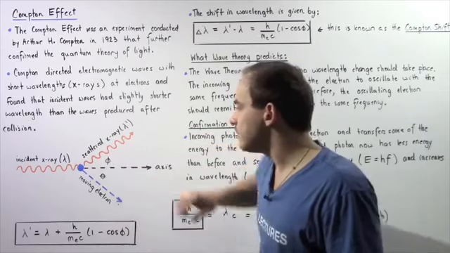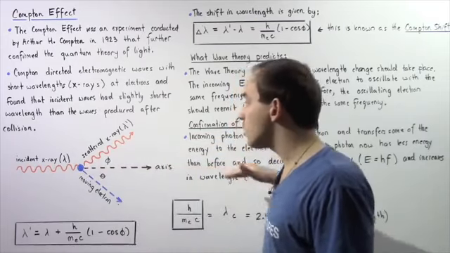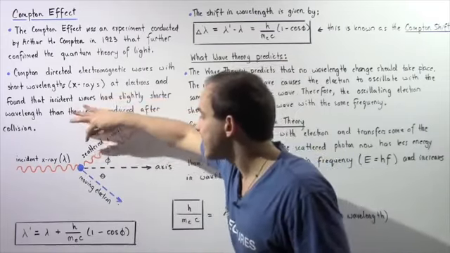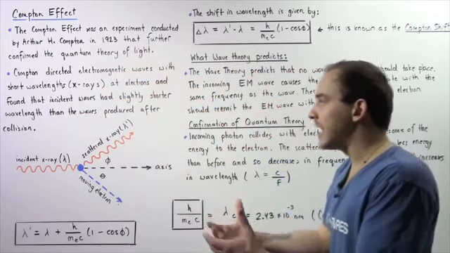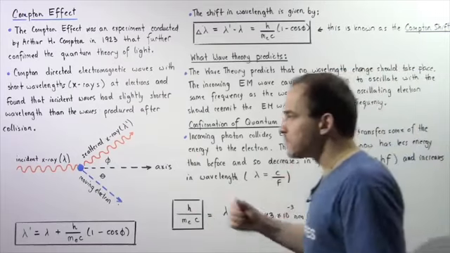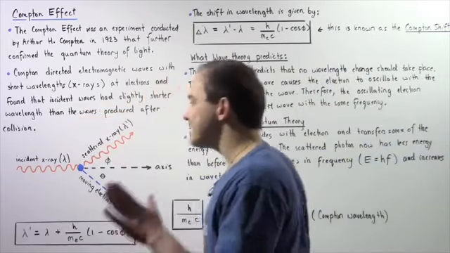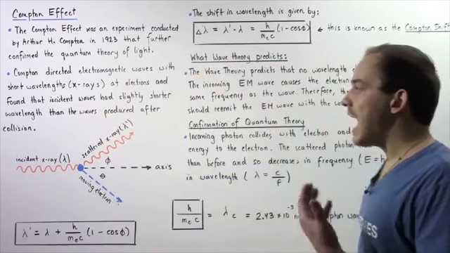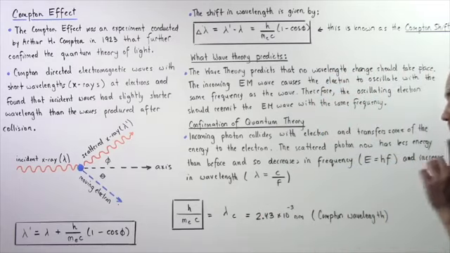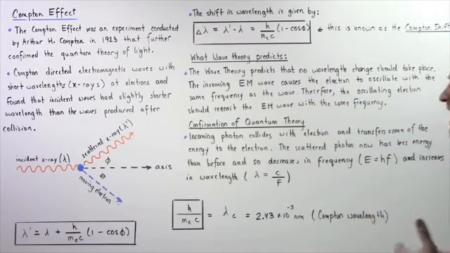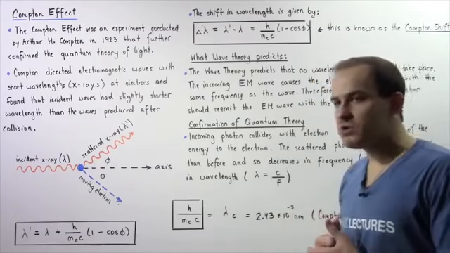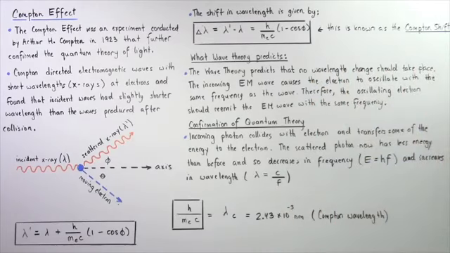Once again, the angle phi is the angle between the horizontal axis and the scattered X-ray. Lambda prime is the wavelength of the scattered X-ray, and lambda is simply the wavelength of our incident X-ray.